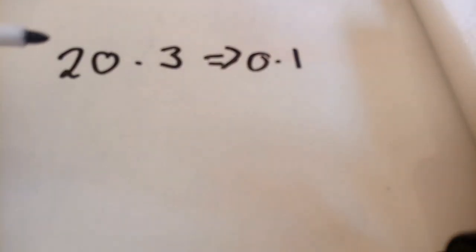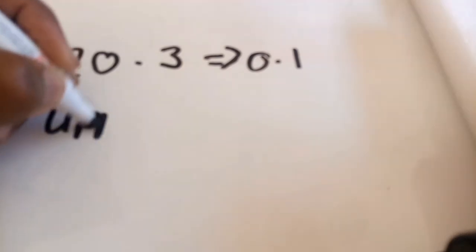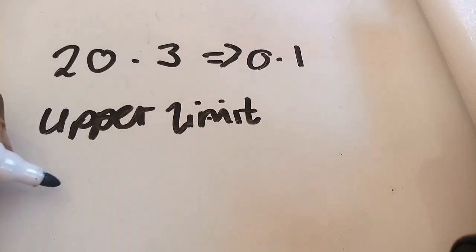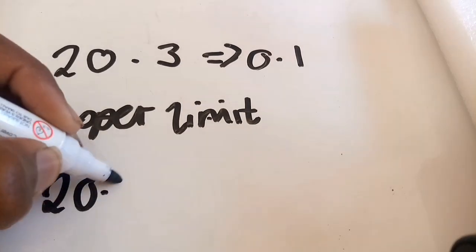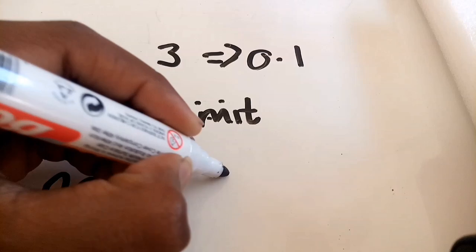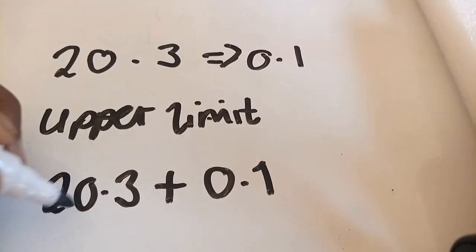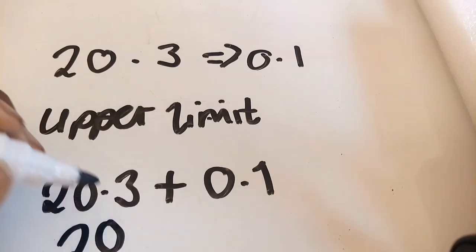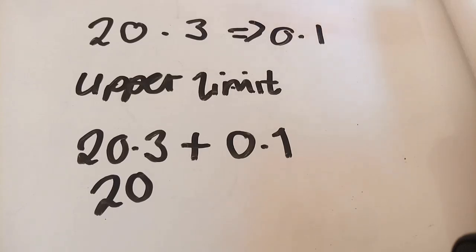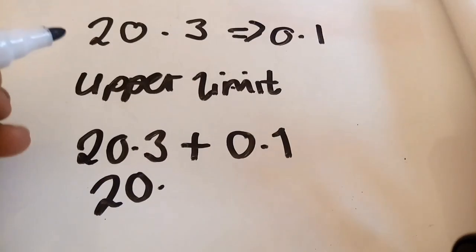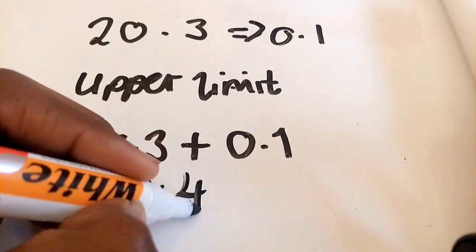Now if they ask us to find the upper limit, the upper limit will be the true value, which is 20.3, plus the least unit of measurement. So 20.3 plus 0.1 will be 20.4.